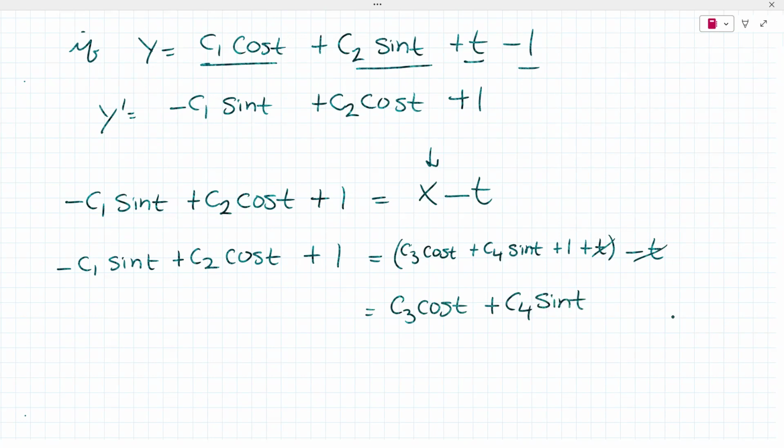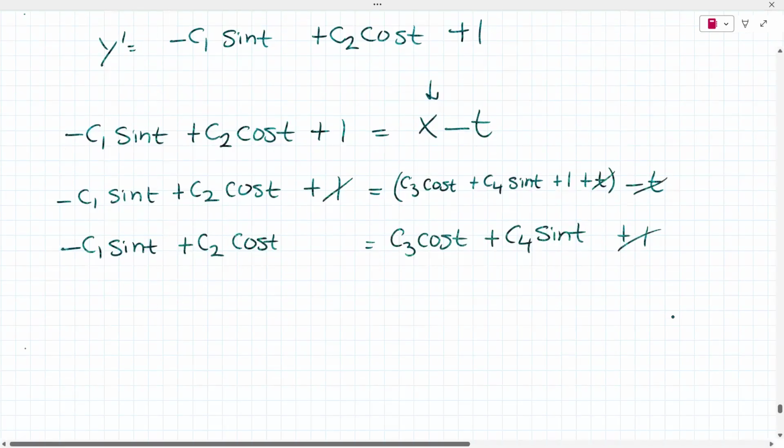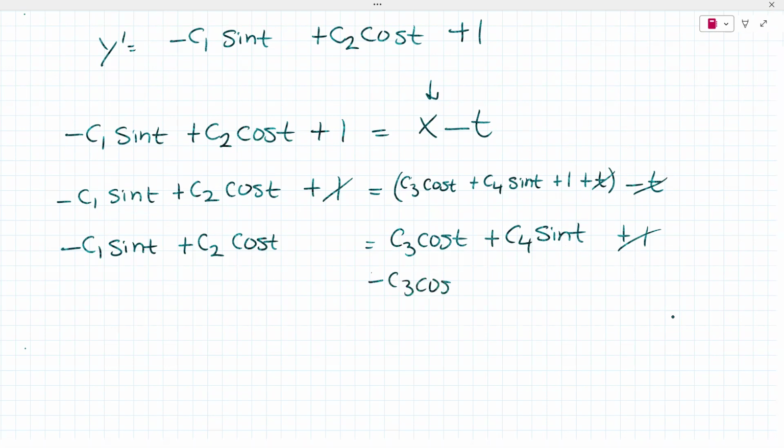And you also had this extra 1, so these ones cancel. Now what I'm trying to do is get one side to 0, so let's move everything to the left. Move c3 cosine of t and c4 sine of t.